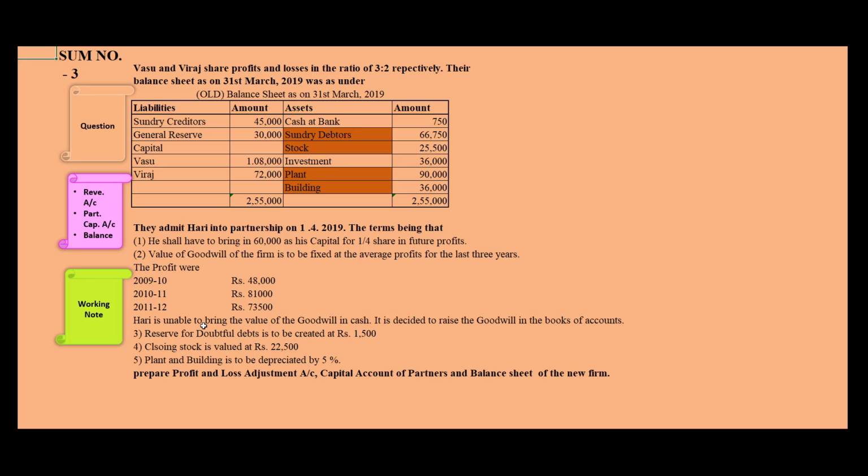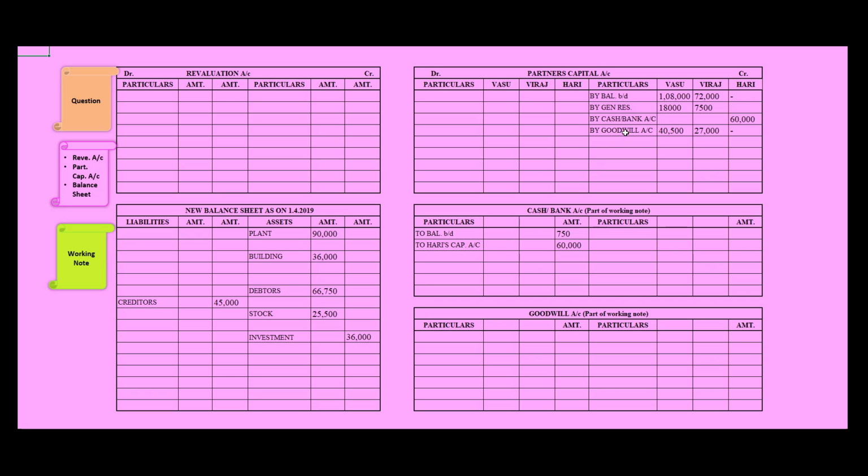See, Hari is unable to bring goodwill in cash. वो goodwill cash में नहीं लाया. It is decided to raise goodwill in the books of firm. Raised बोला, right? तो क्या करने का? देखो, इसका है ना, इसका second effect हम लोग पहले यहाँ पे डालेंगे. I'll write here to partners capital account. नीचे वासु का कितना है 40,500 और विराज 27,000.